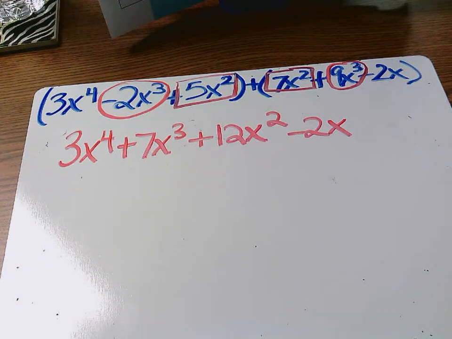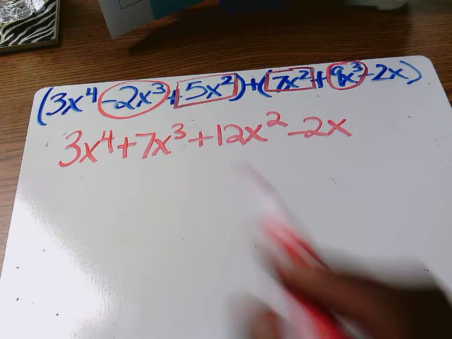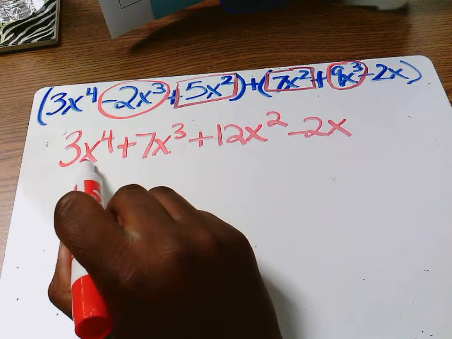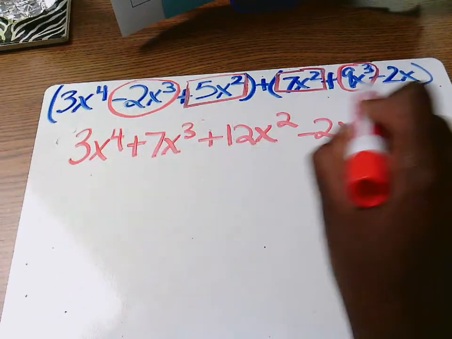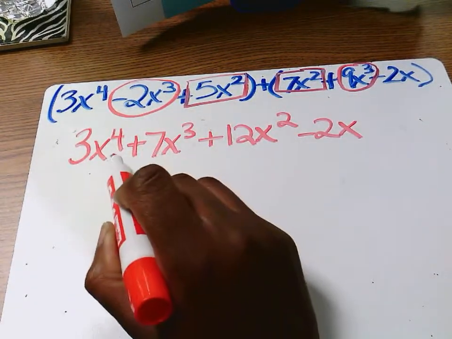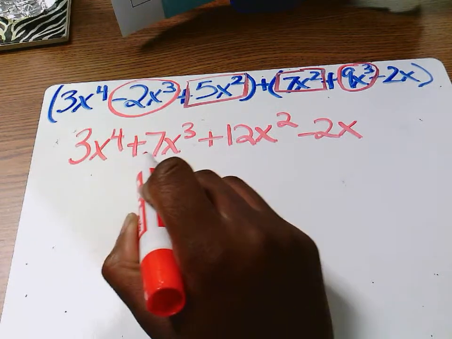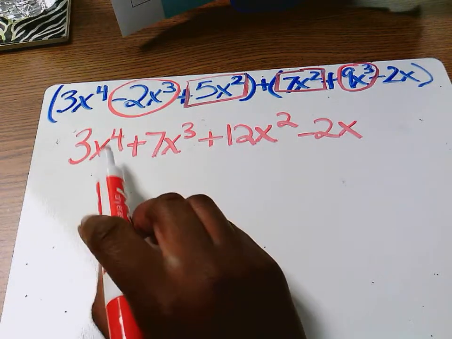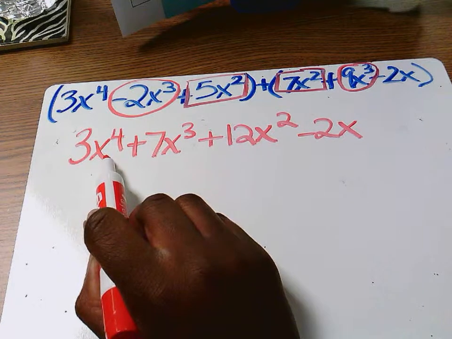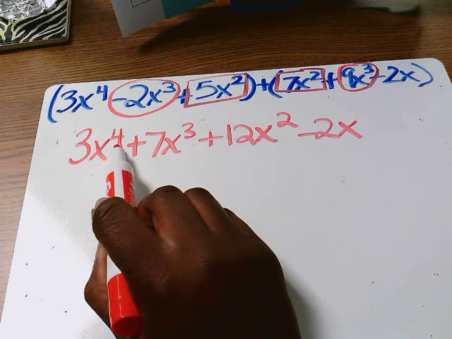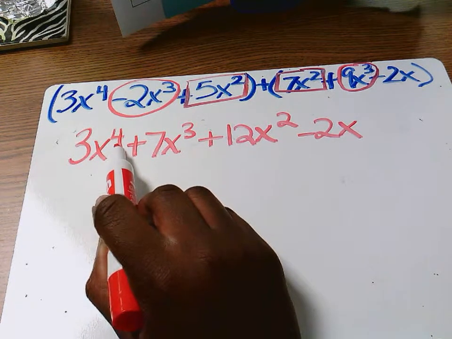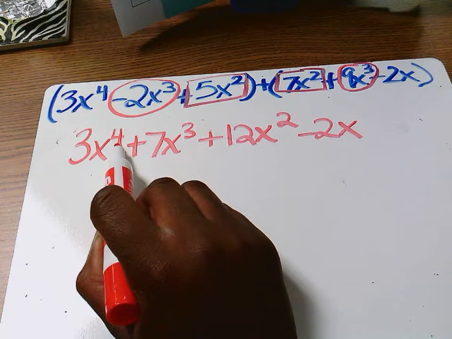So as you can see, what's most important is that I combine like terms and then I put it in standard form. Standard form requires me to write down my highest degree or my highest exponent first.